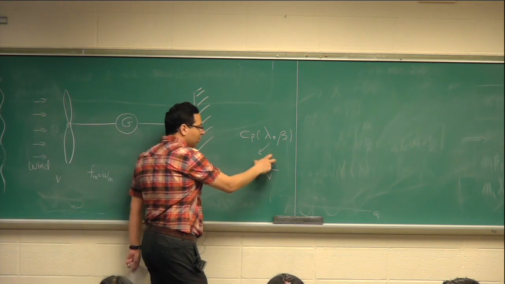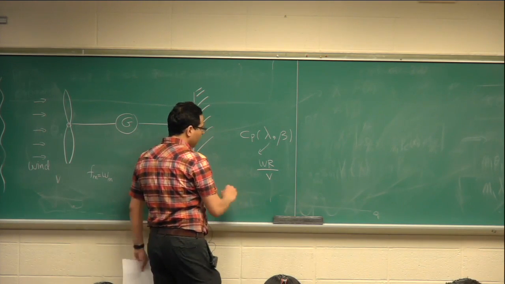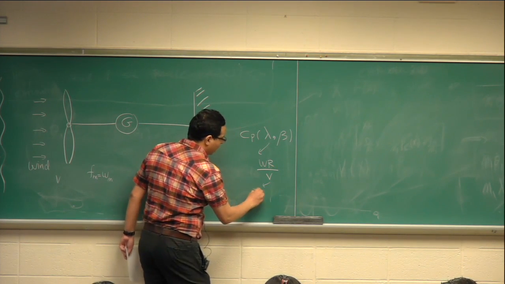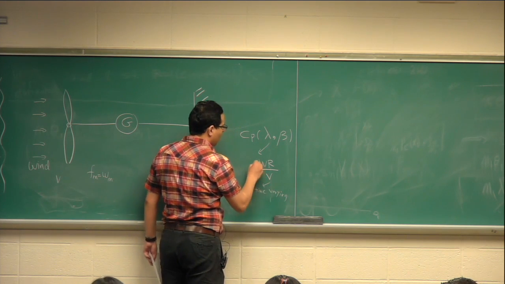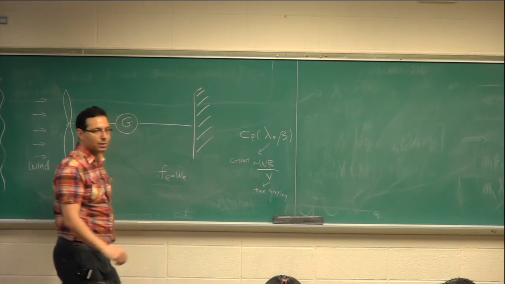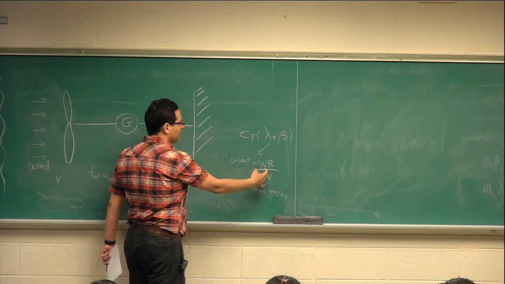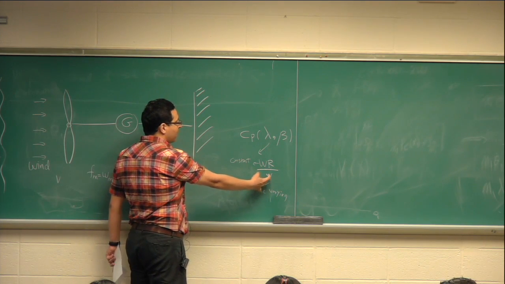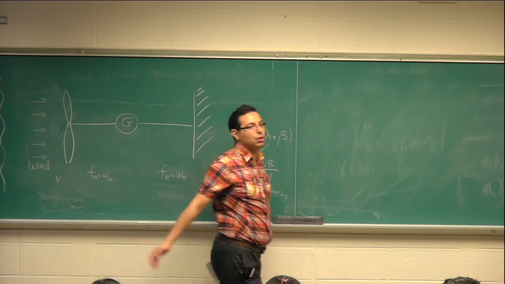If this is time varying and this is constant, this is extremely inefficient. This is always something corresponding to 60 hertz, while the wind could be 5 miles per hour or 20 miles per hour. And that means the efficiency is changing over time.